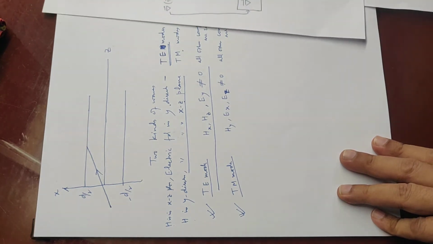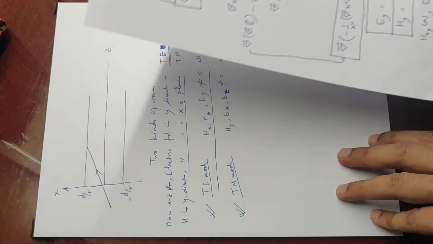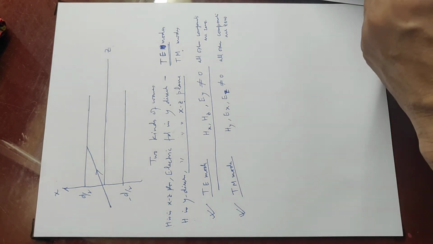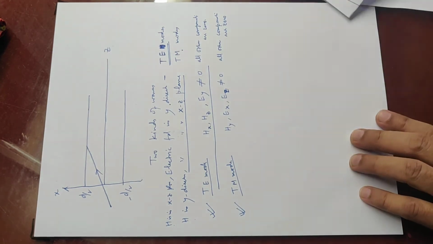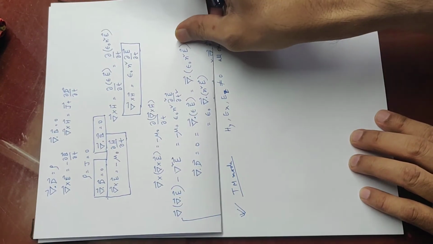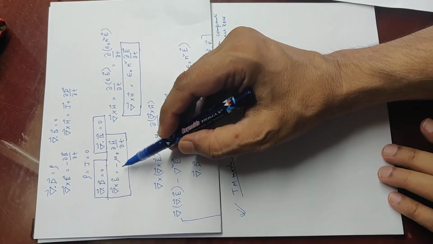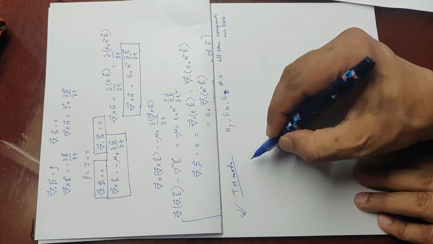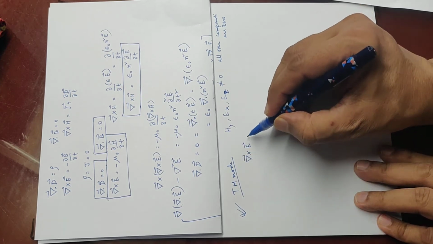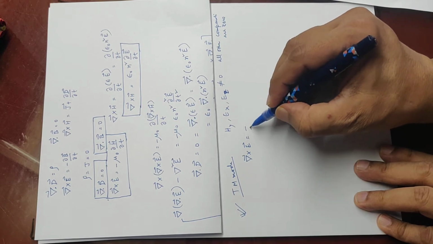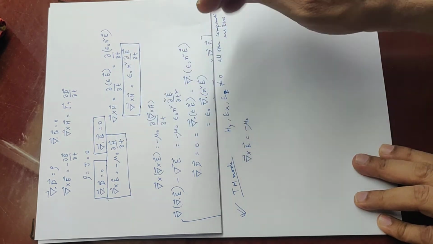Now consider the third Maxwell equation, which is del cross E equals minus mu naught del H by del t.